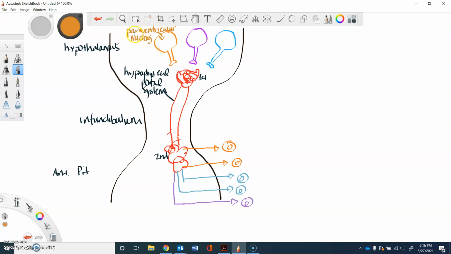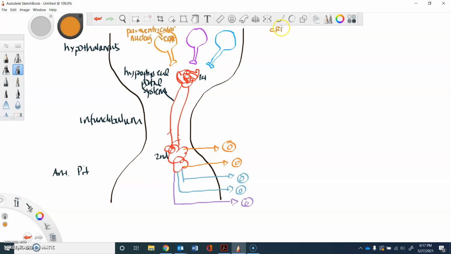And the paraventricular nucleus makes, the first thing it makes is CRH, corticotropin releasing hormone. Okay, so corticotropin releasing hormone.